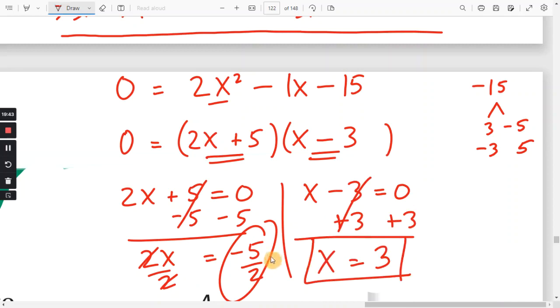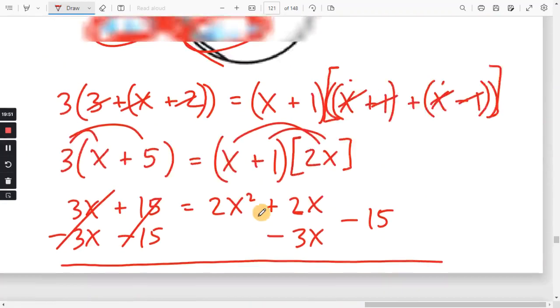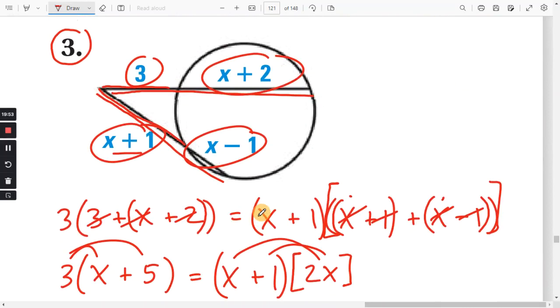Now, we might have to get rid of one of these, especially the negative one. Let me see if negative 5 halves would even work. Yeah, it's not going to work, because negative 5/2 is going to be negative 2.5. If you put that in here, that means this length is going to be negative.